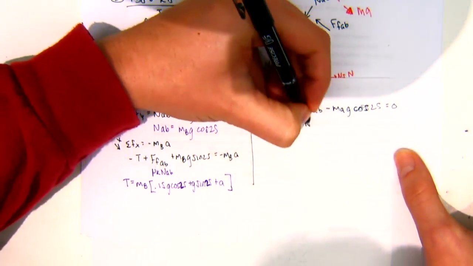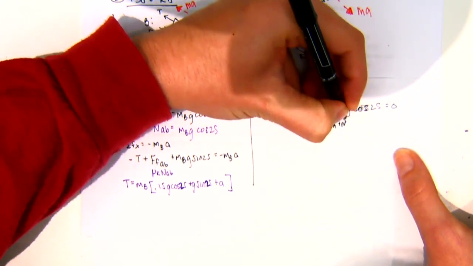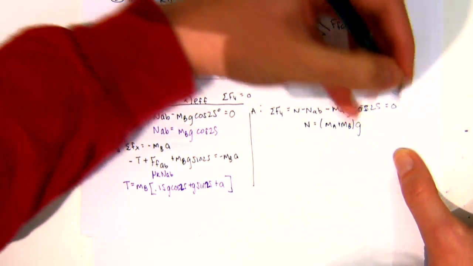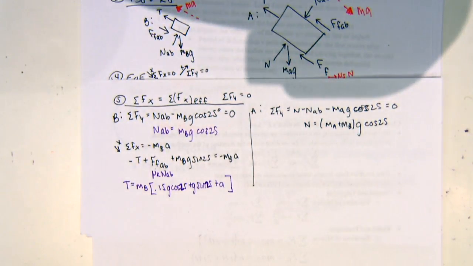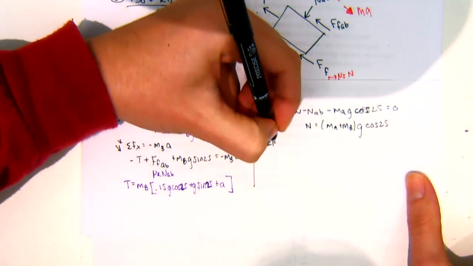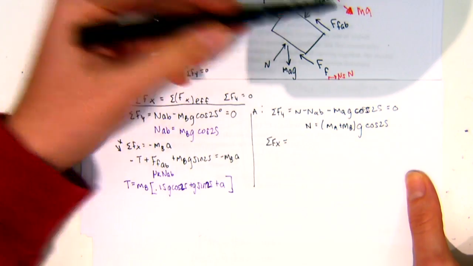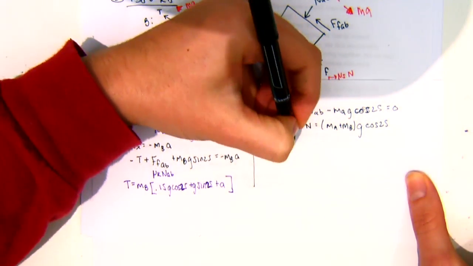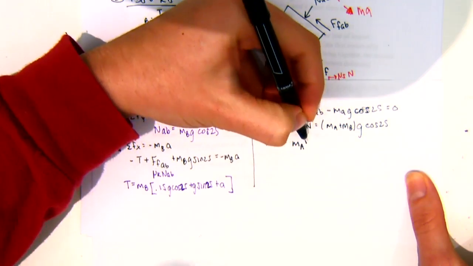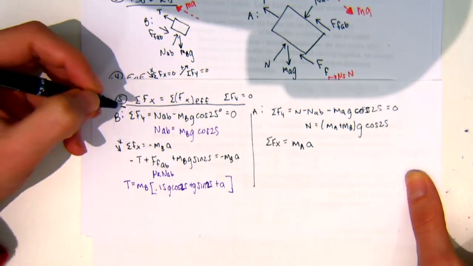So all that this tells me is that my normal, it's the same as before, MA plus MB G cosine 25. Then if I do sum of forces in X, so notice that I have the acceleration of A, or the acceleration going down the slope. So I can say that this is equal to MA times the acceleration, right?